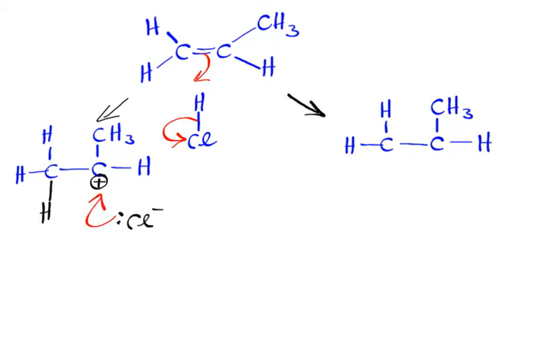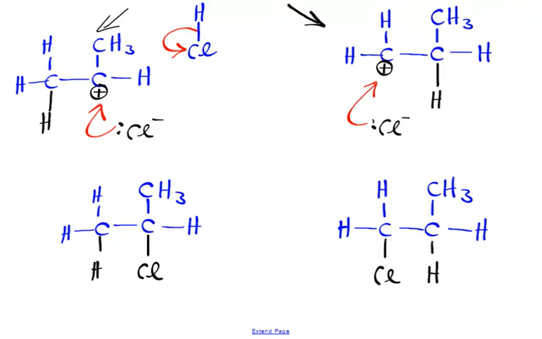Or I could add my hydrogen to the central carbon, rendering this carbon positively charged, and then my chloride ion will add onto there. Hopefully you can see this will lead to two different products. On the left hand side we've made 2-chloropropane, and on the right hand side 1-chloropropane.